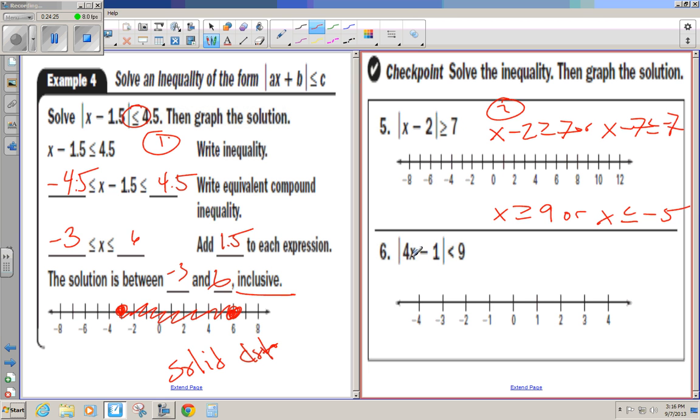All right. So it's an outside equation, so you've got a negative 5. It's inclusive. You've got a 9. It's inclusive. We're greater than 9. We're less than negative 5.